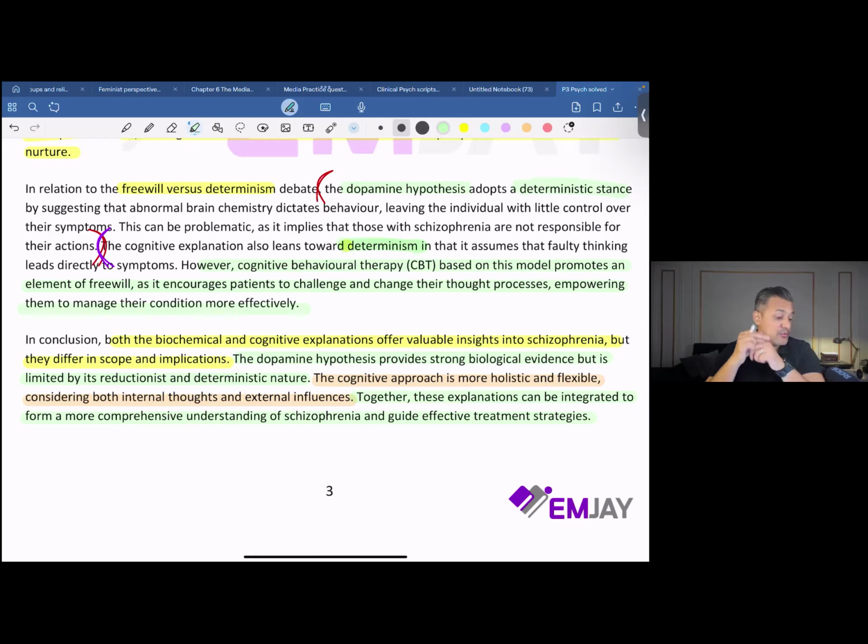And we tried clearly explaining them with direct links to both theories. Yes, there was a strong structure, I feel, and there was analysis throughout, and our evaluation was contextualized, and there was thorough evidence that we used according to the marking criteria that we come across in the paper.